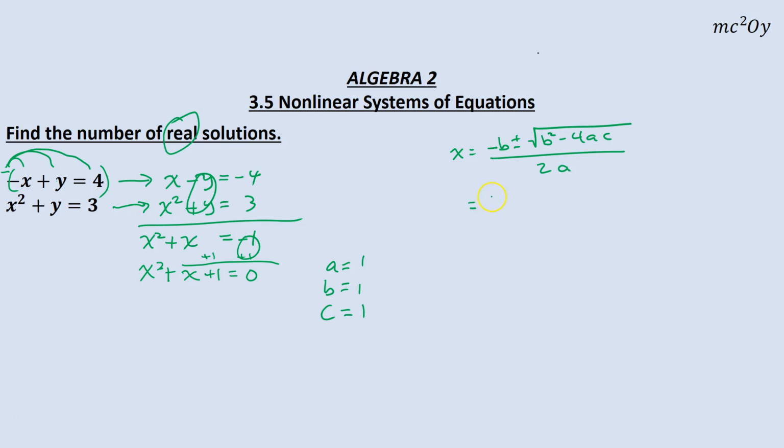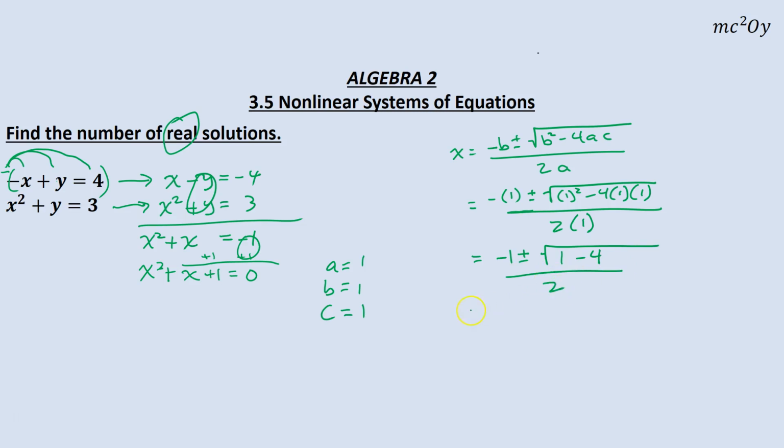And that gives me negative 1 plus or minus square root of 1 squared minus 4 times 1 times 1. It's real easy when they're all 1s. All over 2 times 1, which really is negative 1 plus or minus root of 1 minus 4 over 2, which means I have negative 1 plus or minus the root of negative 3 over 2.